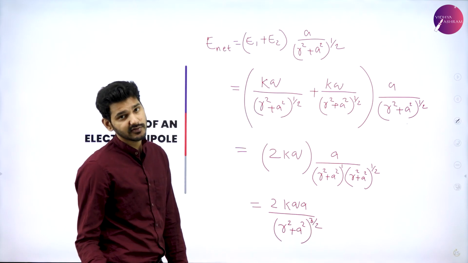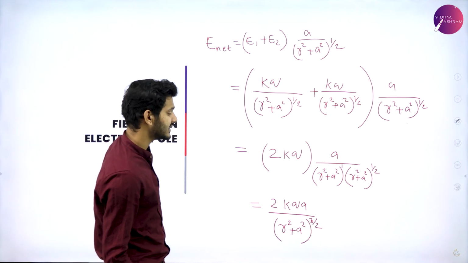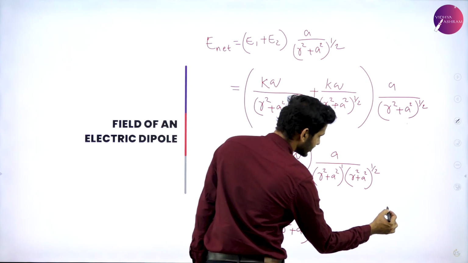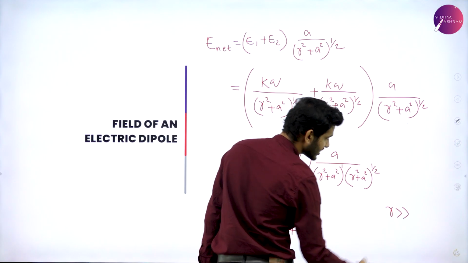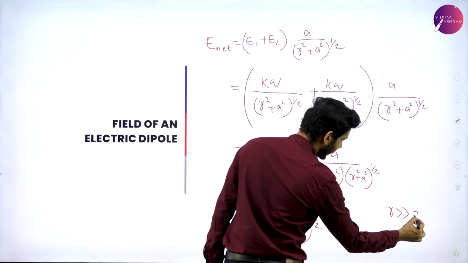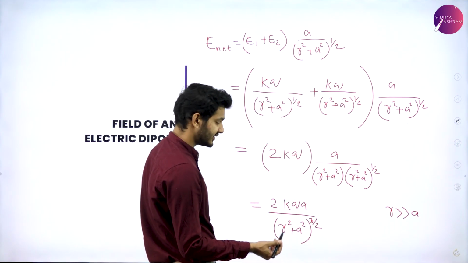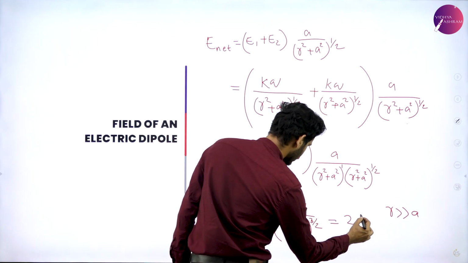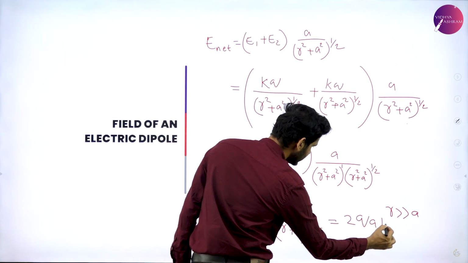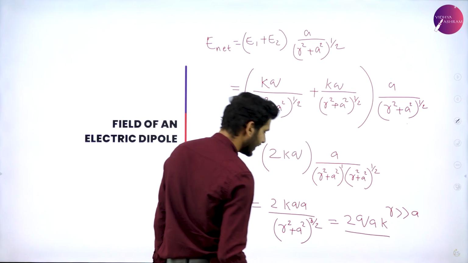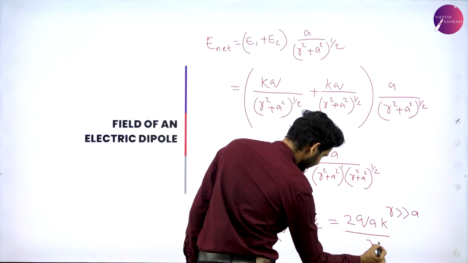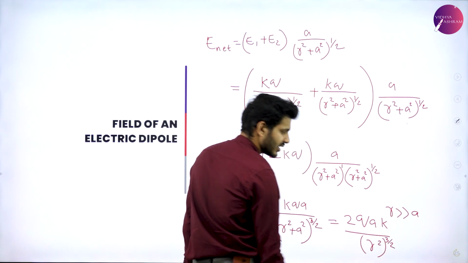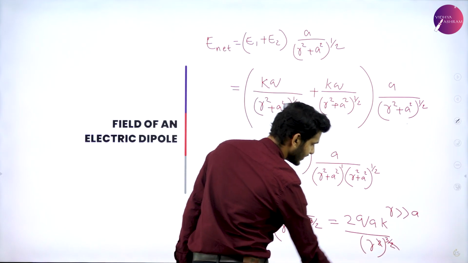And now again we are going to consider the fact that A being very, very less than R, A can be neglected. So we are going to consider the fact that A being very much smaller than R tends to be 0. So we can rewrite this equation as 2QA into K divided by (R²)^(3/2), and these two and this 2 will be cancelled.